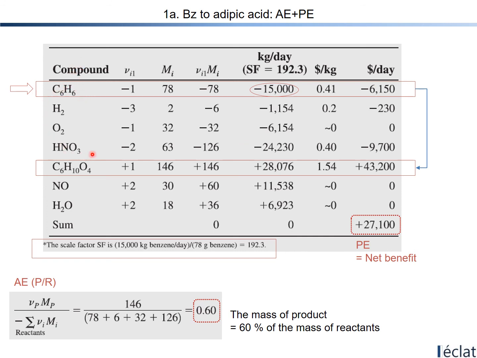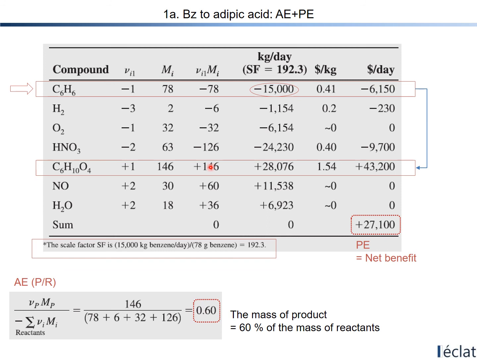Those four things are reactants, and those three things are products. NO and H2O could be considered as the byproduct. The stoichiometric coefficient, molecular weight to convert the moles to mass, and then what you need is the scale factor.